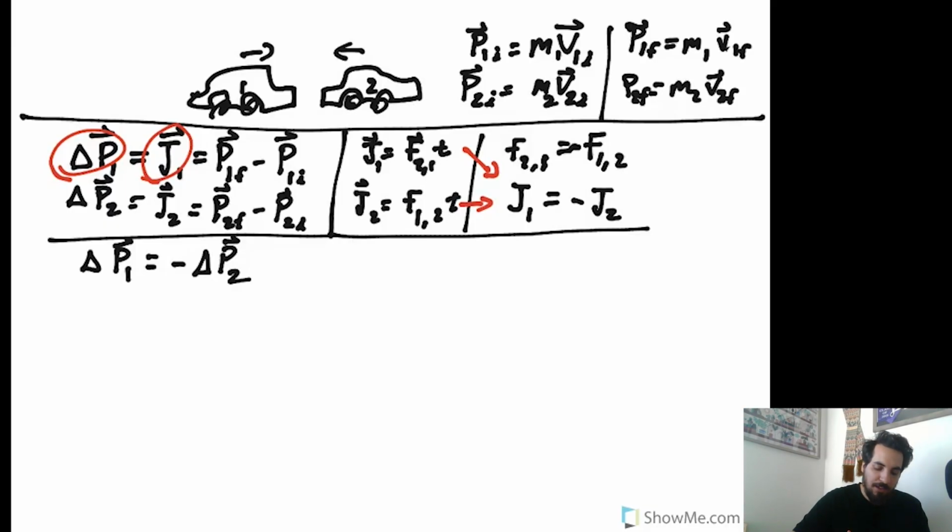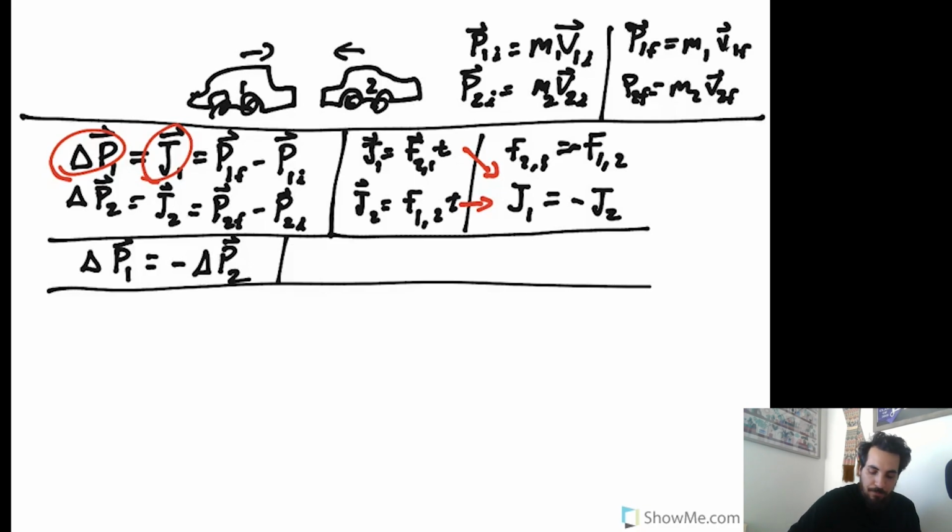We're going to link them together by defining this new idea of a total momentum. The total momentum for a system is just defined to be the sum of the individual momenta that are present. Here, that'll be the momentum of car 1 plus the momentum of car 2.